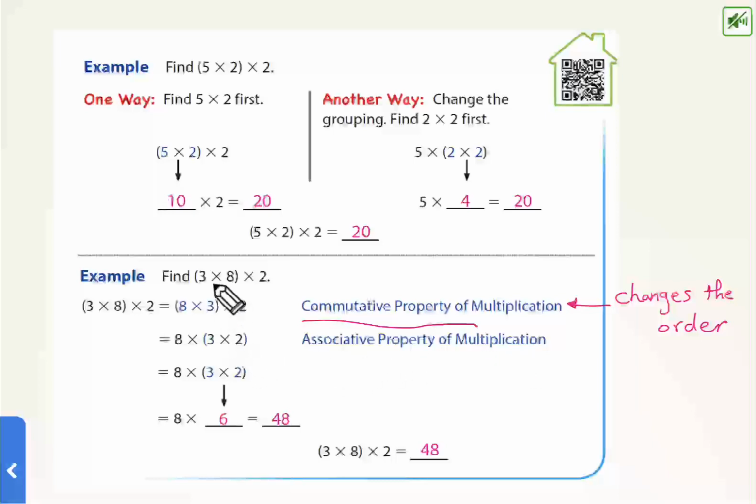So in the first step, we change the order, get the 8 first, then the 3. In the second step, we change the grouping. Instead of 8 multiplied by 3, the first multiplied by the second, we will multiply the second by the third first, then multiply the first. This is grouping. So the associative property changes the grouping.